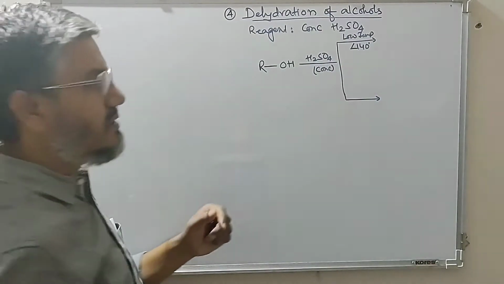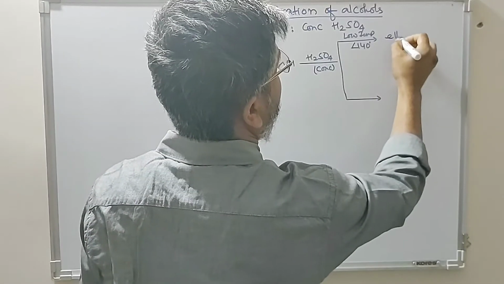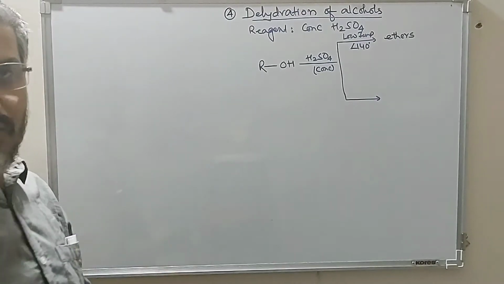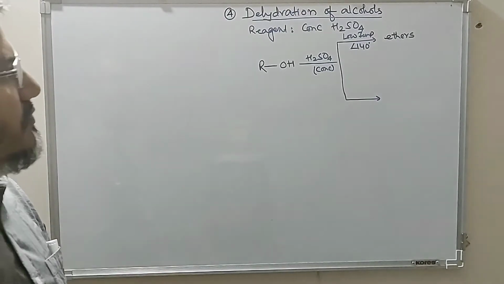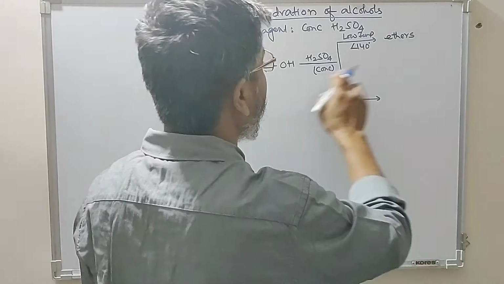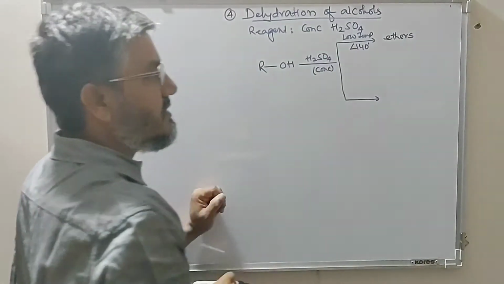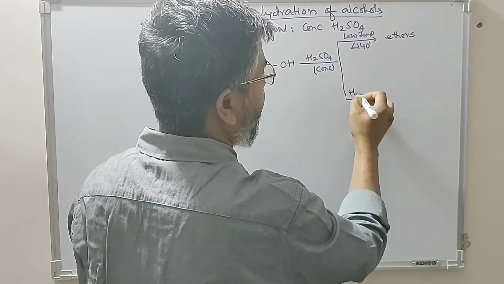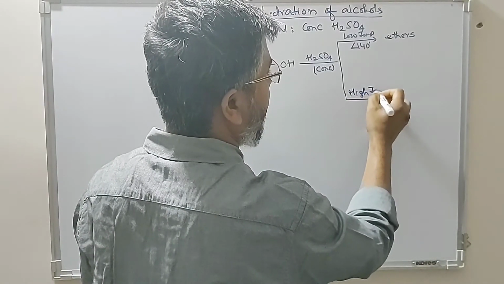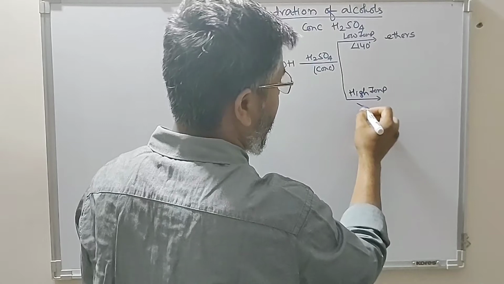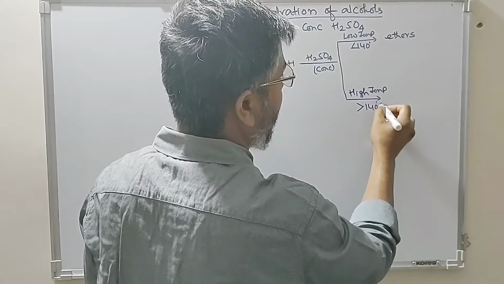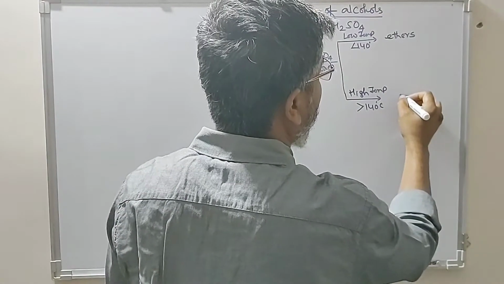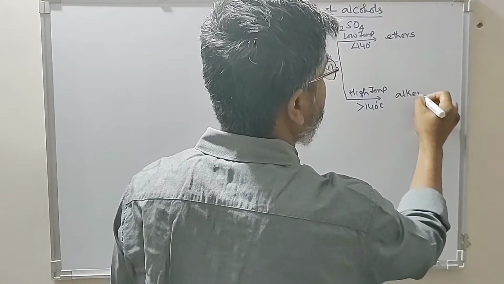There is a dehydration, but this gives you ethers as the main compound. So this formation of ether occurs at low temperature, below 140. If the temperature is high, that means greater than 140 degrees, this undergoes elimination and gives you alkenes as the major product.